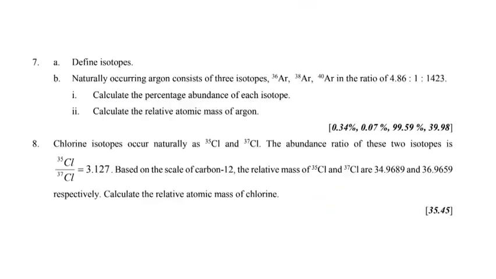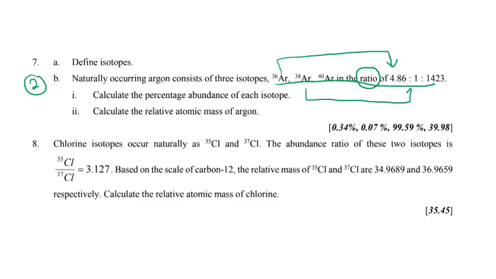Okay, the second type of question related to abundance is where they give you the abundance in terms of ratio. For example, the abundance for argon-36 is 4.86, argon-38 is 1, and argon-40 is 1432. Next, the relative atomic mass of argon is 39.98.